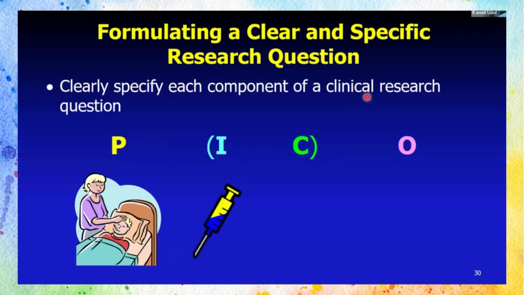In the field of clinical research, many of them are dealing with the treatment of people, treatment of the sick, or prevention of disease. So I, intervention, means those interventions that we can use to treat disease or prevent disease. But in other fields of research, it will be some factors that you are interested in.